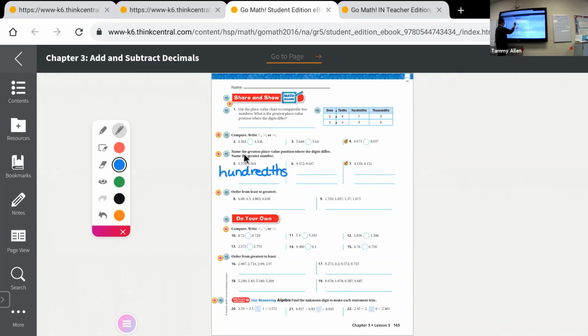So when I look at the hundredths place, which number is going to be greater? 3 and 579 thousandths or 3 and 564 thousandths? So that's what those directions are asking for. Does that make sense?